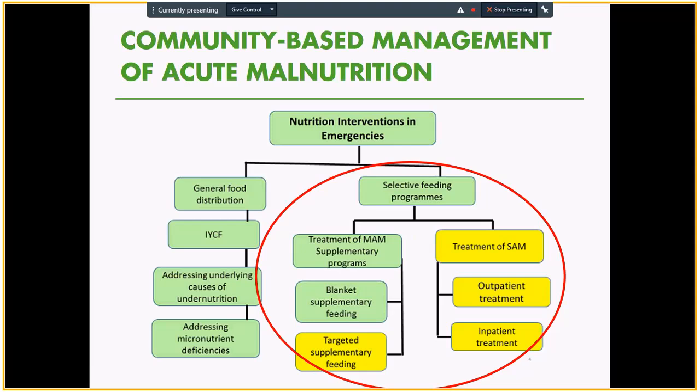So that's a really quick introduction to CMAN, or community-based management of acute malnutrition, in a nutshell. If you have any more questions about that, I can answer.